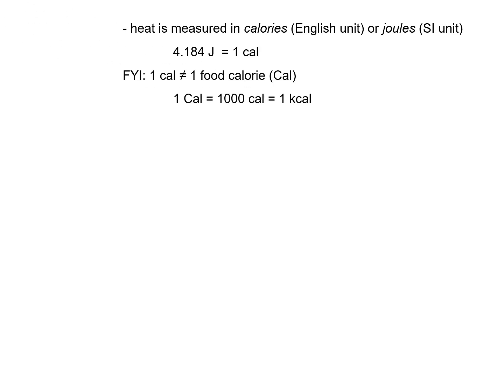In fact, it's 1,000 of those calories. It's what we would call a kilocalorie if we were talking about the metric system. So a food calorie and a regular calorie are not the same thing. Just keep in mind that food calories are 1,000 times the calories we're talking about. So the calories that we're talking about here in science, again, are really small amounts of energy.